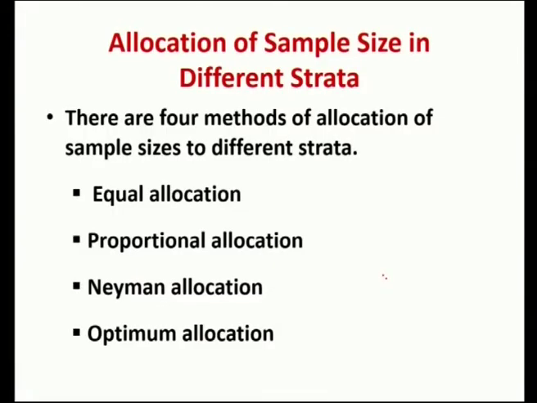Now, we will see how to allocate sample sizes in different strata. Generally, there are 4 methods of allocation of sample sizes: equal allocation, proportional allocation, Neyman allocation and optimum allocation. We will discuss one by one.